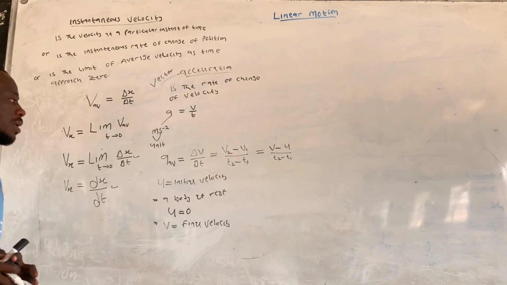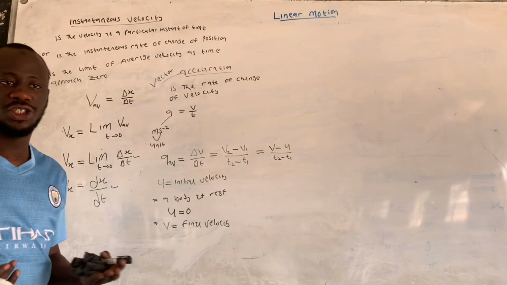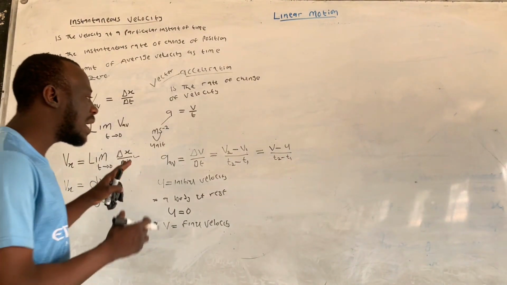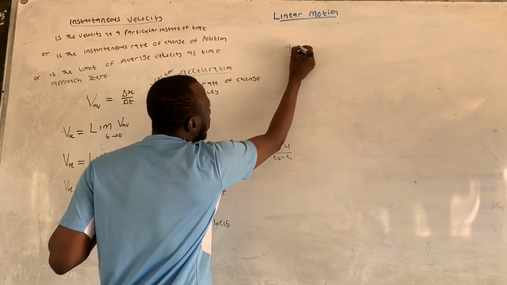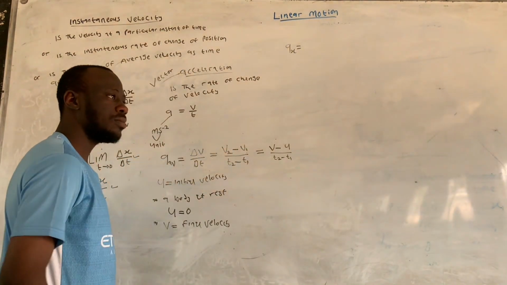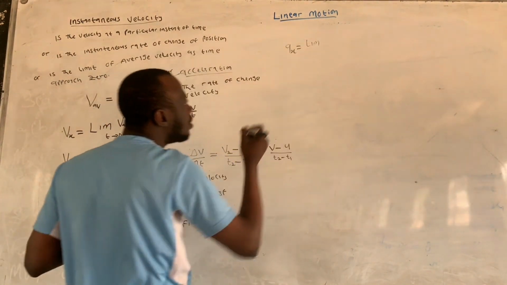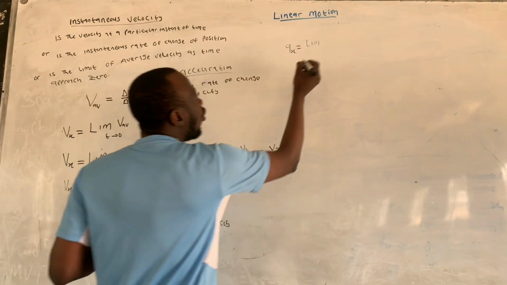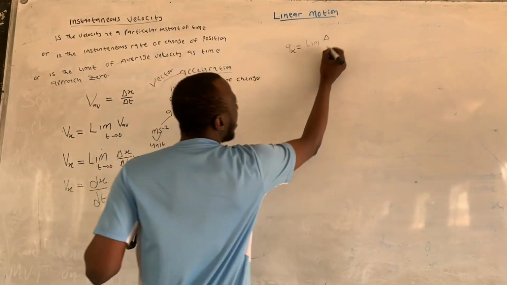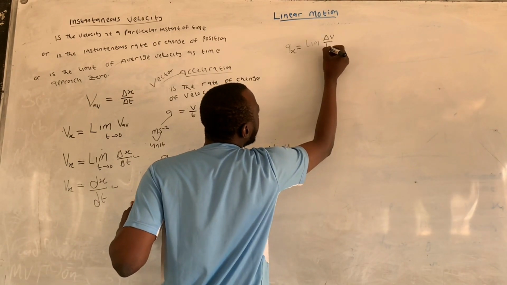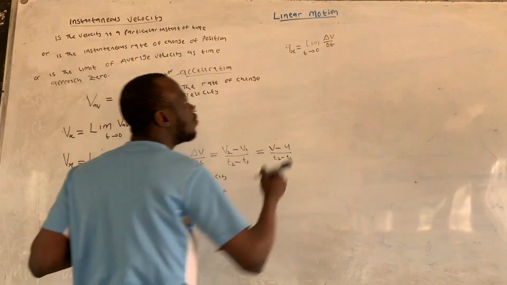We also have instantaneous acceleration, ax. It is the limit of average acceleration, that is delta v over delta t, as t approaches 0.